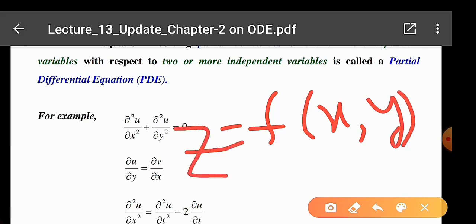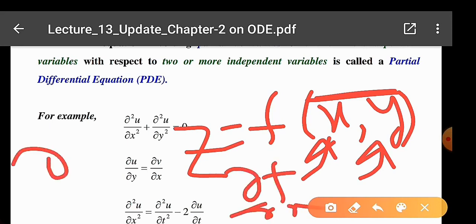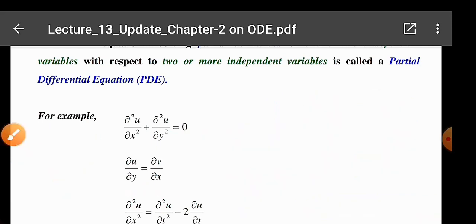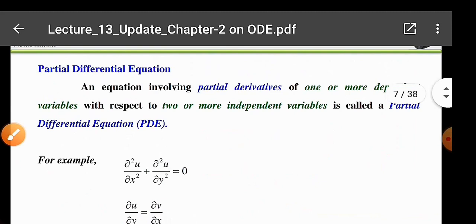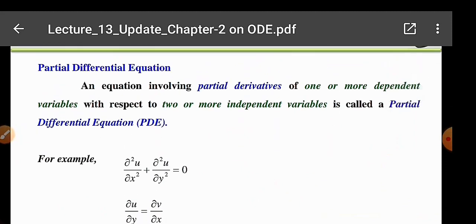So how many input variables do we have? Two, that is x and y. These two input variables are called independent. So if we need to find the first derivative, we can find it this way: ∂f/∂x and ∂f/∂y. So for this type of function, we have to use partial derivatives, and the equation that we obtain will be a partial differential equation.